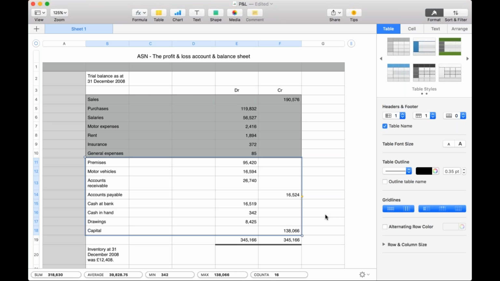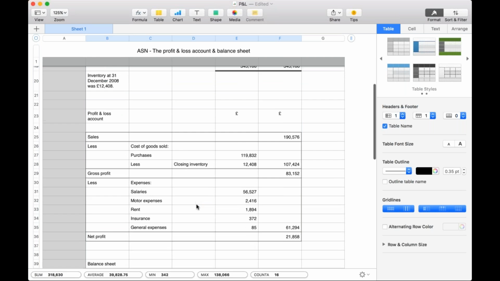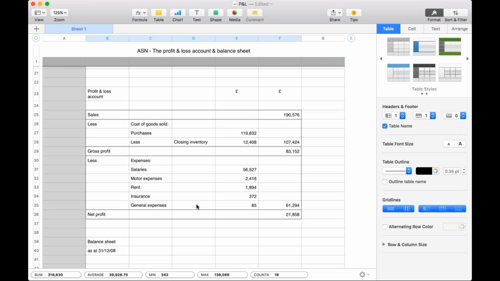So I won't go into the actual detail of the trial balance too much, because we did cover that in the previous session. I'm just going to move down the spreadsheet to have a quick look at the P&L account, which is what I recorded in the last session.